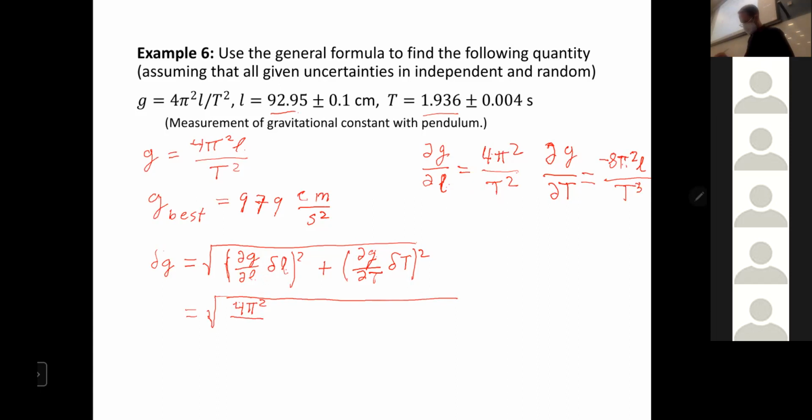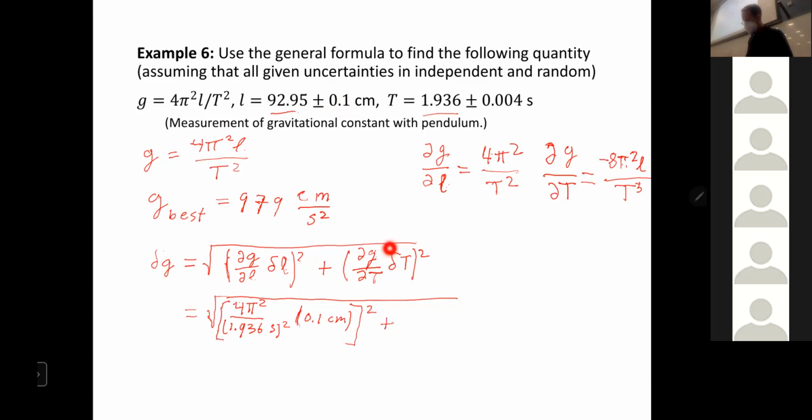So we're going to plug in 1.936 seconds for T, and then this is going to get squared. And then we multiply by delta L. So the uncertainty in L from up here is 0.1 centimeter. So times 0.1 centimeters. This whole thing here, we have to square.